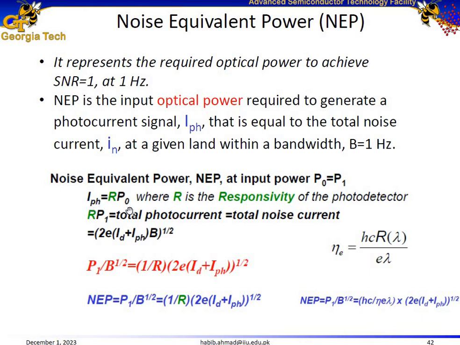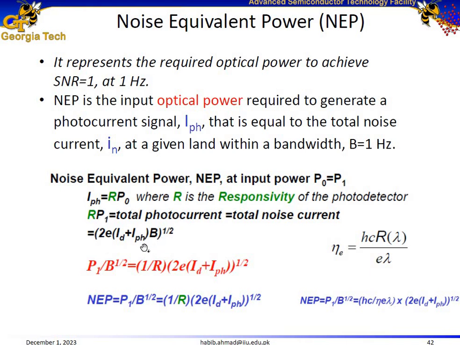So the signal current, or the total photocurrent, is equal to R P1, where P1 is the incident optical power. The photocurrent related to that is R P1. This signal current is equal to the noise current, and here is the expression for the noise current that we already mentioned.